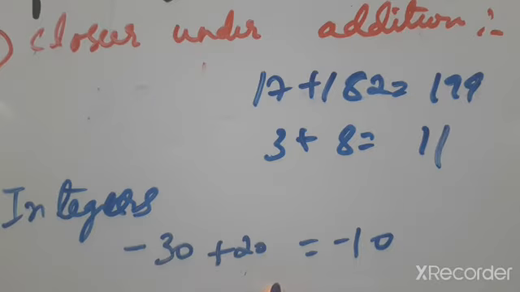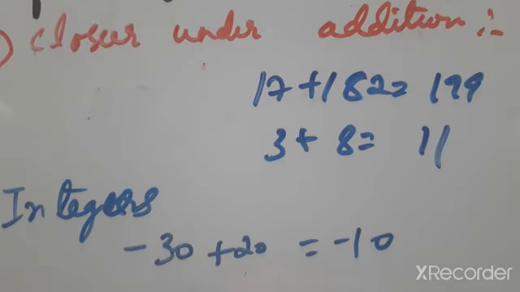Positive and negative whole numbers, and minus 10 is also a negative number. So minus 30 is a negative integer, with a positive integer, and the answer is a negative integer. So the sum of any two integers is always an integer. The property is true for integers also.